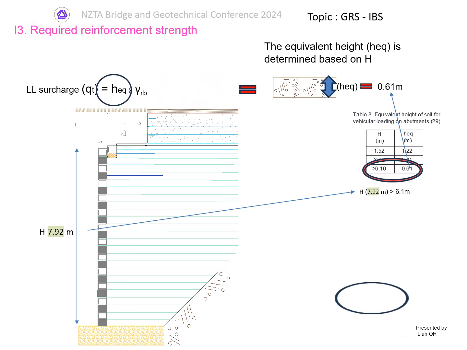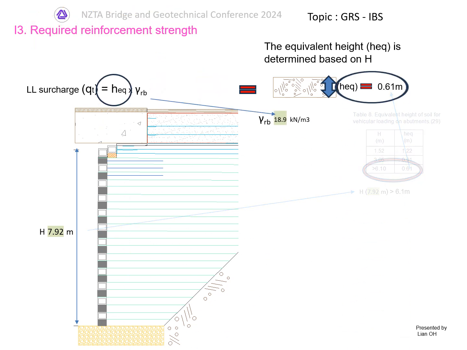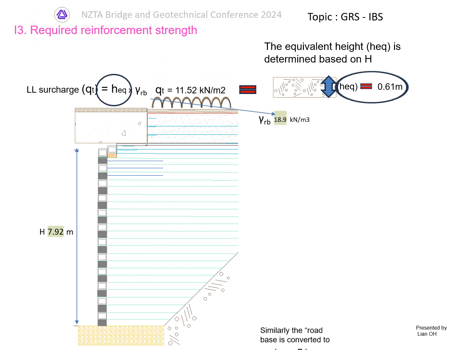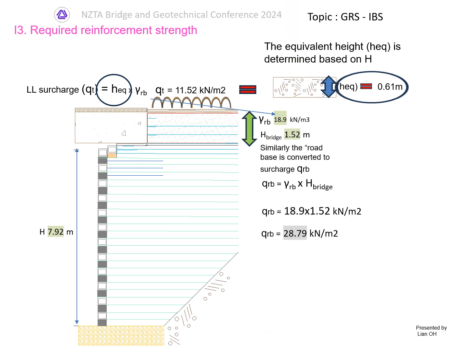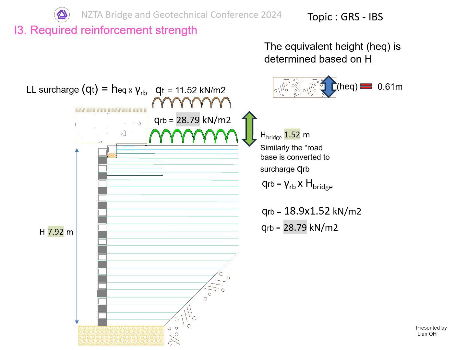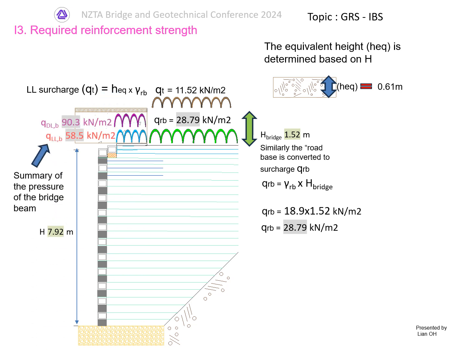This calculation is abutment height dependent. Similarly, the road base is converted to a surcharge which is bridge height dependent. The summary of the surcharge is as shown.